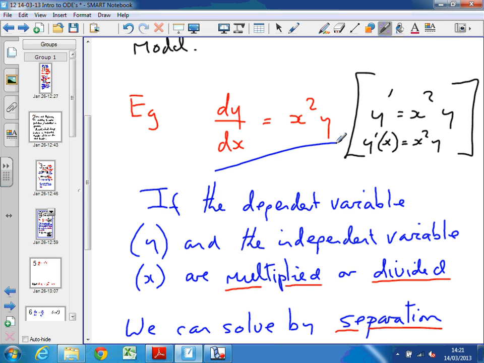I've spent a bit of time introducing what an ordinary differential equation is and whether it's first order, or second order, with the second differential in. Because the way you choose to solve an ordinary differential equation is often determined by what type it is. So you need to know what type it is and then you know what to do, okay?